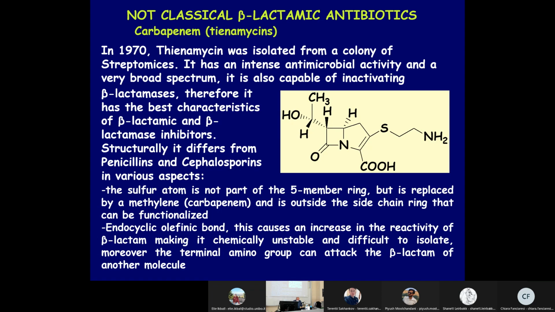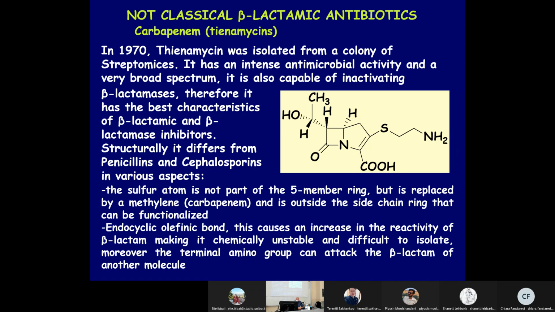The discovery of these non-classical compounds is related to the isolation of another important natural compound called thienamycin. You see, thienamycin. Thienamycin is a very potent antibiotic, natural compound.